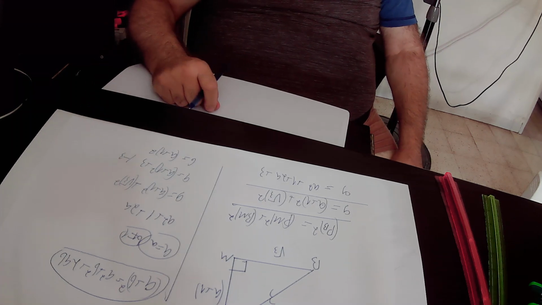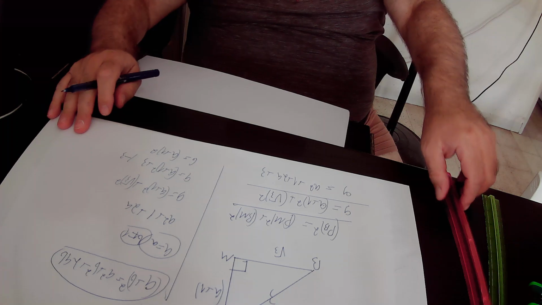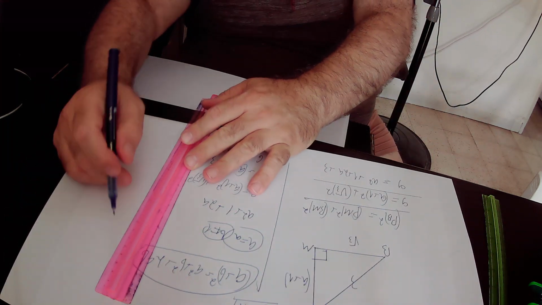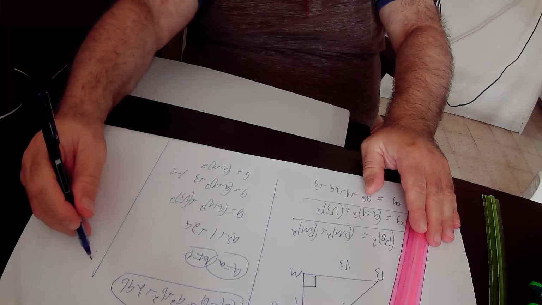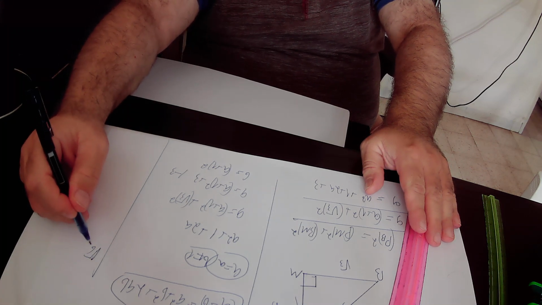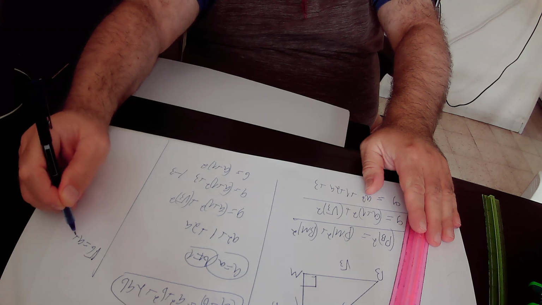Here we'll take the root of this equation, and we will get that the square root of 6 equals A plus 1.